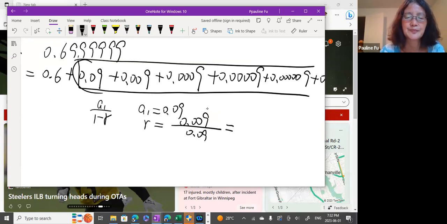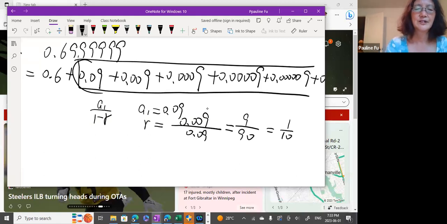So it is 9/90, which is 1/10. That is r. Okay, so keep on going.